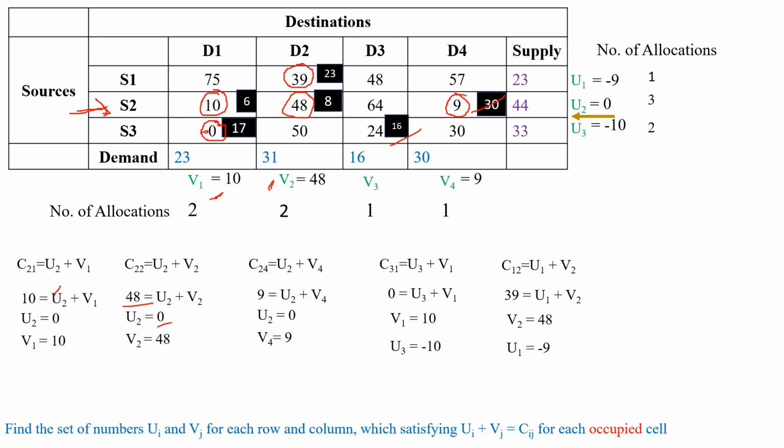So its C12 value is 39. C12 equal to U1 plus V2. We know the V2 value as well as the C12 value, then U1 value will become minus 9. Next we know the U3 value. One more allocation is in the third row, that is C33. So C33 equal to U3 plus V3. We know the U3 value as well as the C33 value, then we will get V3 equal to 34.